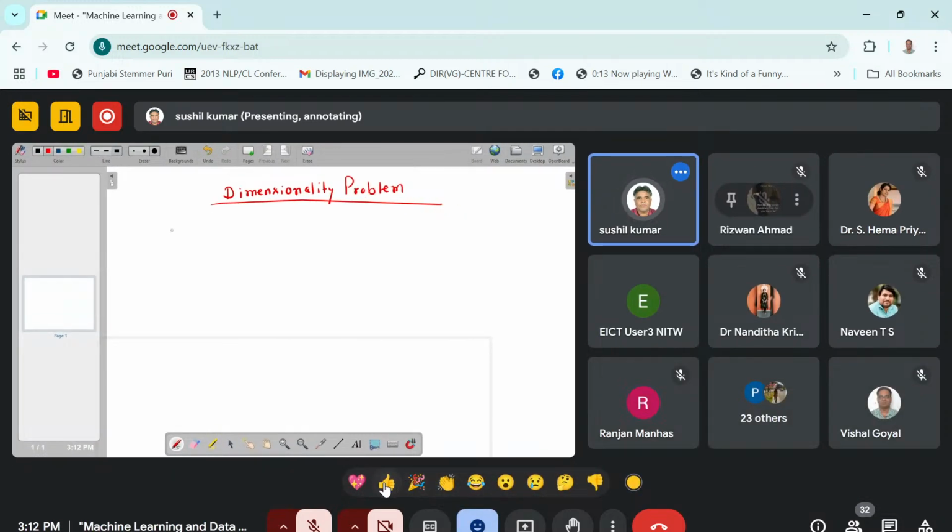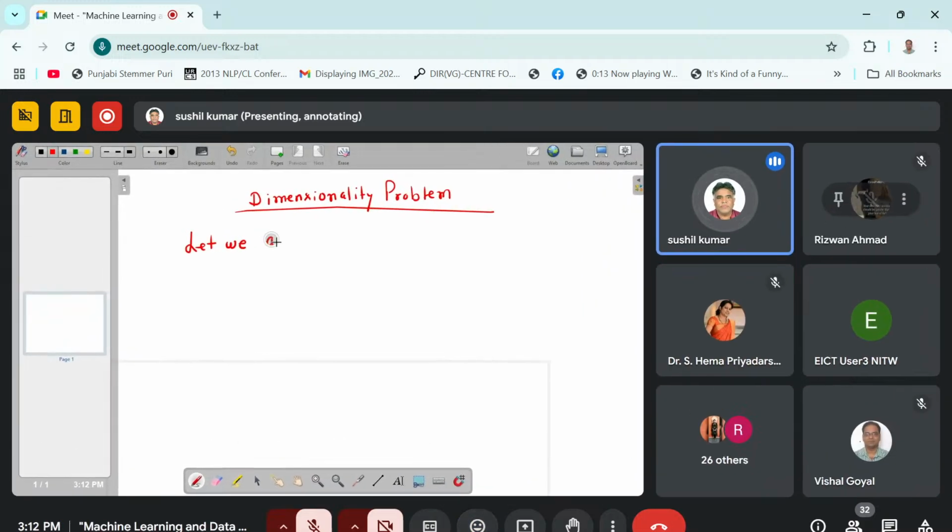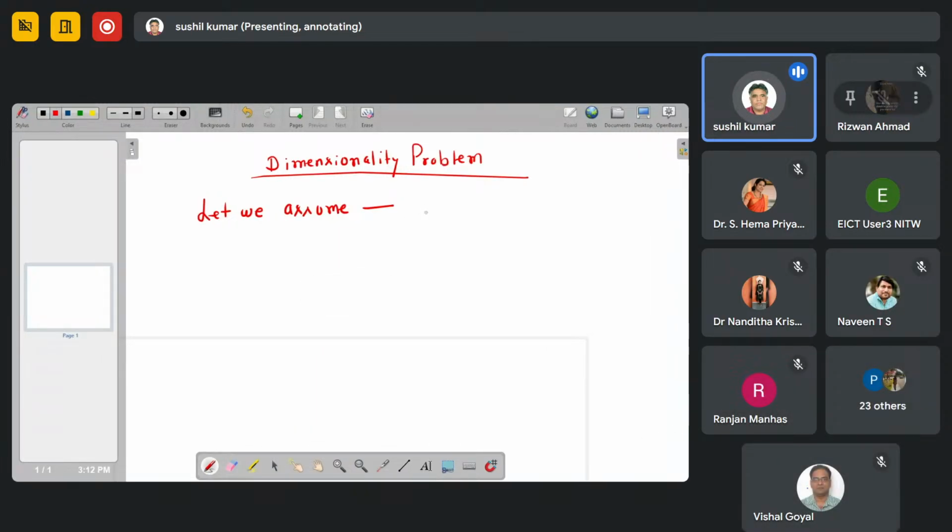Let me take some assumptions here, because in machine learning the main work we are doing is classification. Suppose we have two classes. One class may be of images, many images, 1,000, 1 lakh, or 10,000, it doesn't matter.